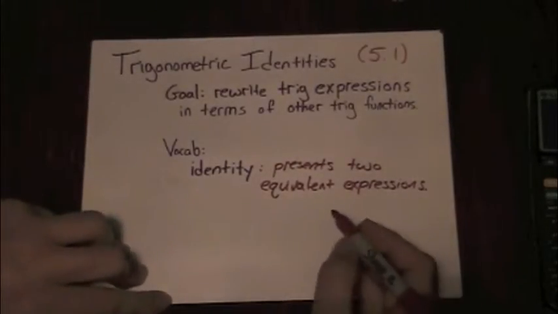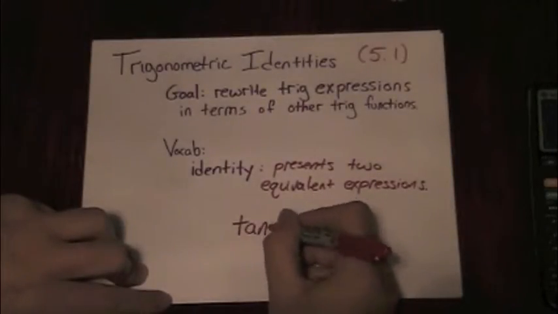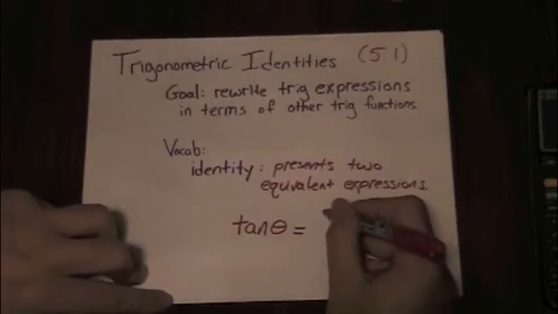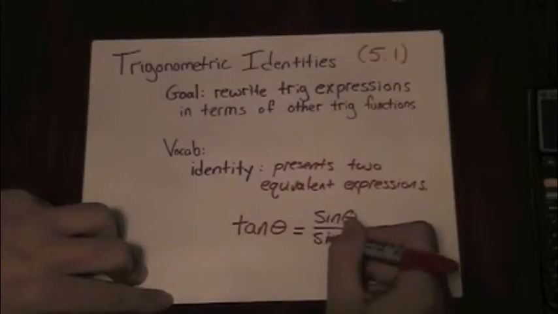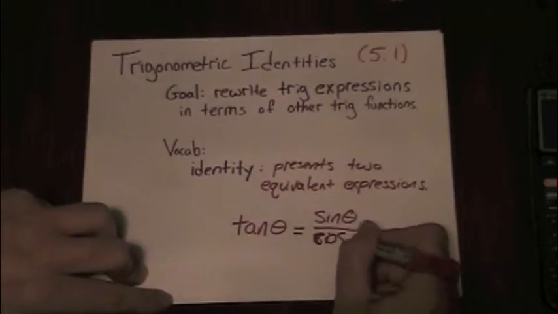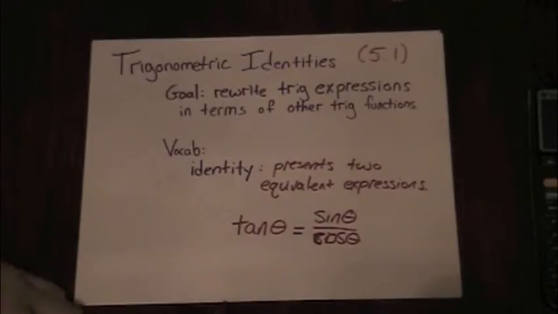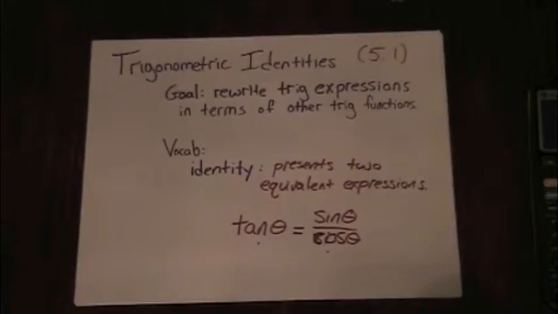You already know a trigonometric identity, where tangent is the same thing as the sine divided by the cosine of the same angle. We're presenting two things that are mathematically the same.